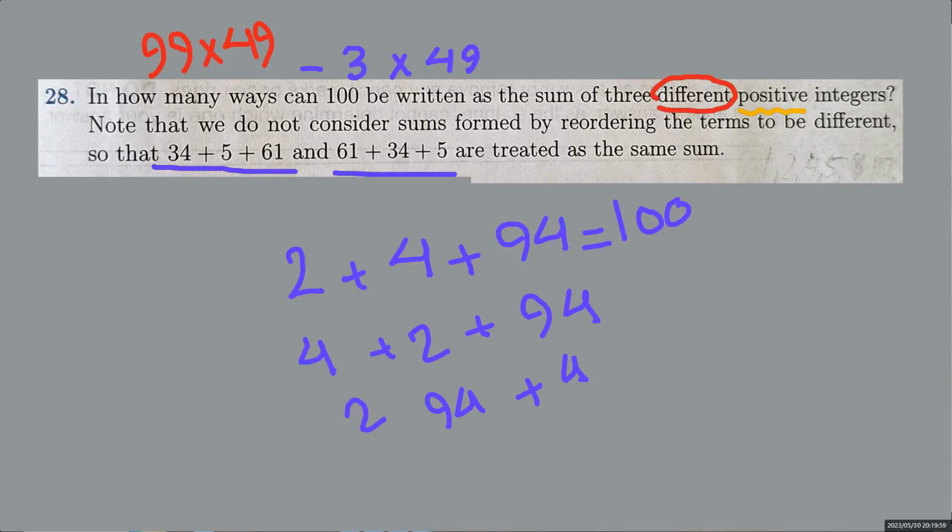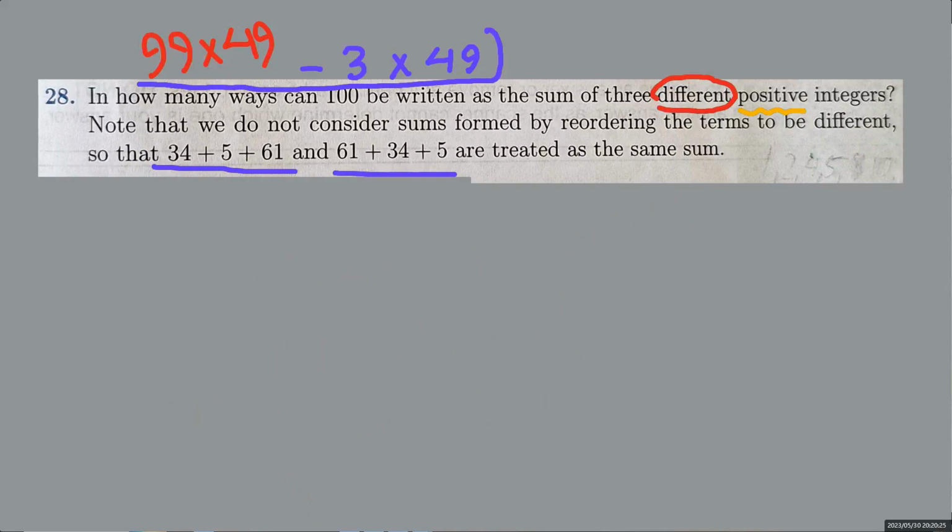So it counts all of them. So we need to divide this. How many arrangements like this do we have? It's going to be 3 factorial, 6. So that means for each answer to the question, we counted it 6 times. So now this number, the one we had here, needs to be divided by 6, and it would give us the final answer.